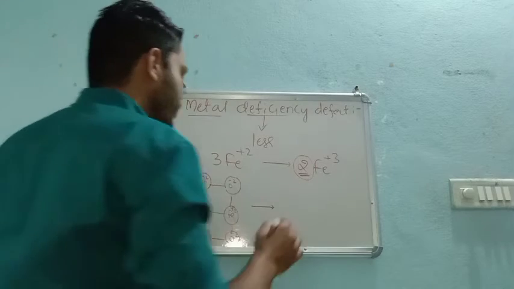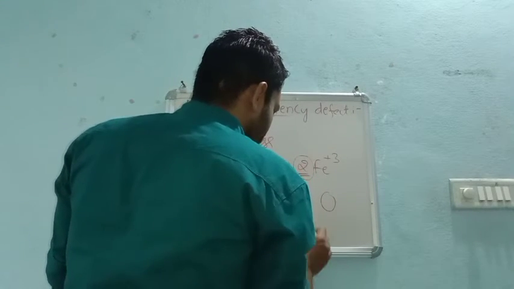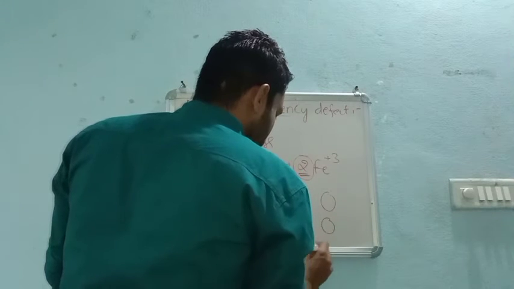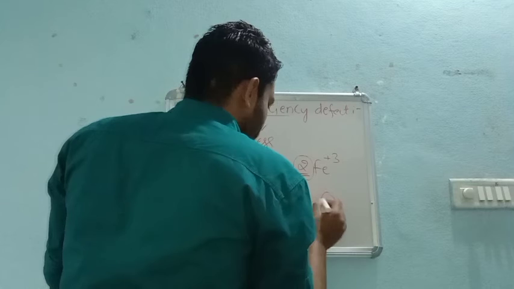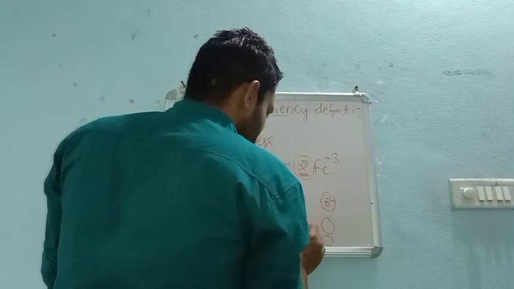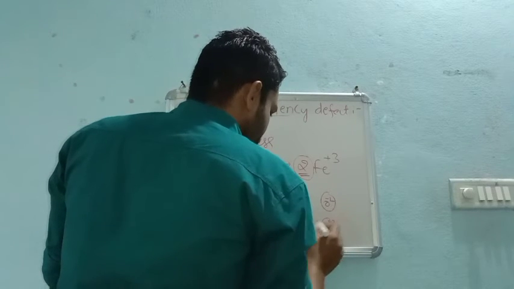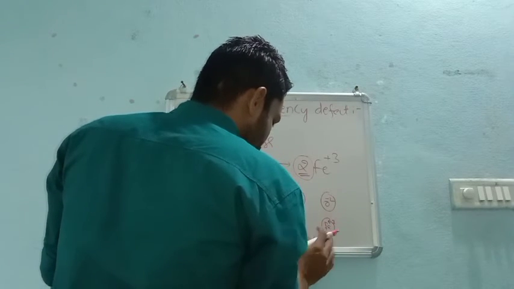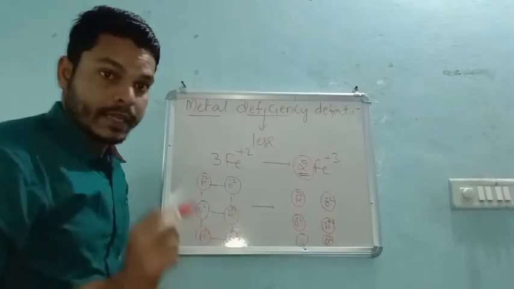Later, the metal decreases. One metal will go. Fe plus 3, O minus 2, O minus 2, Fe plus 3, O minus 2 again.